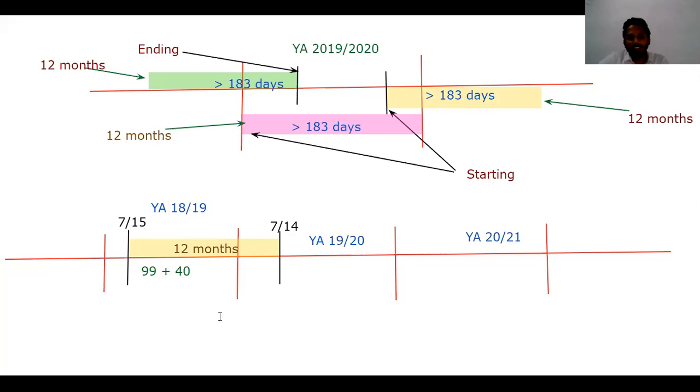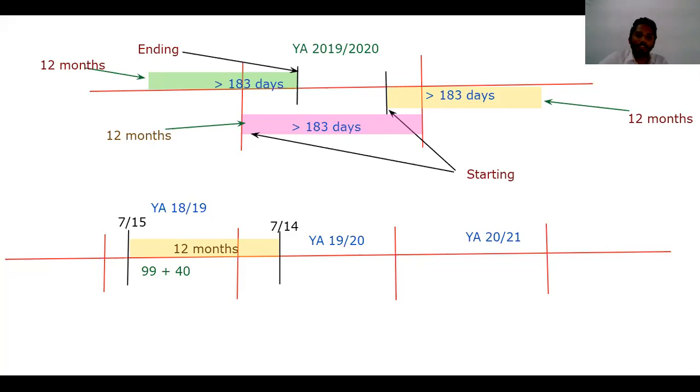Then whether any dates fall in this year. Do we have any other dates? Yes, we do have. Then the next date is he is coming on June 1st and going October 30th.